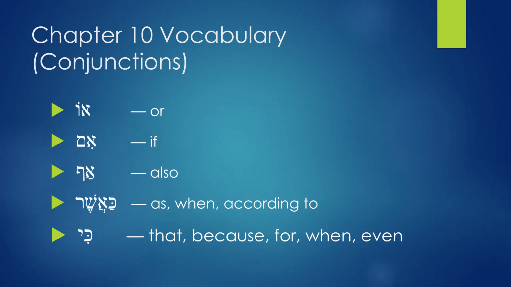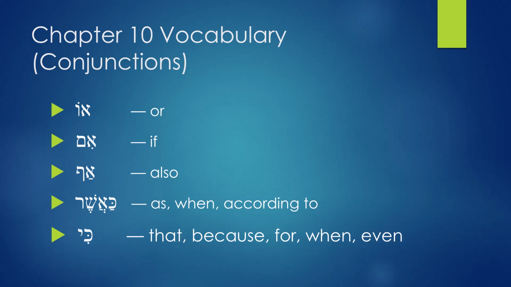Remember we looked at this one? Ki means that or for or because or when or even, depending on the context. So this is very common to find, and so you need to know these translations, especially the first three: that, because, or for.